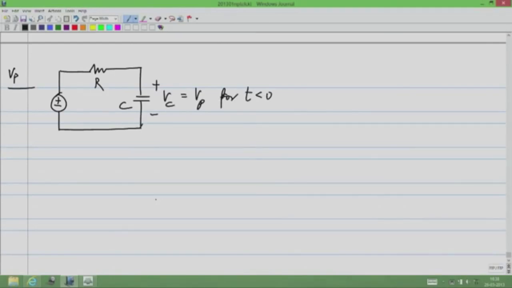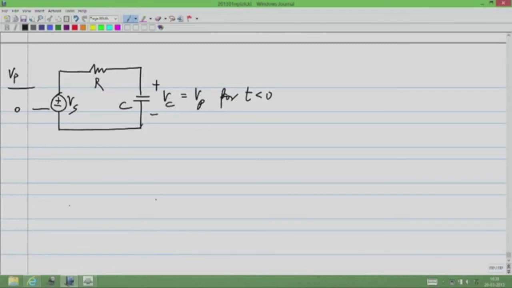Imagine that we take the capacitor and charge it up to Vp. Previously we charged it almost to Vp, so we charge it up to Vp, and then after some time we bring the input Vs down to 0. This is exactly the opposite of what we had earlier. Instead of going from 0 to Vp, we go from Vp to 0.